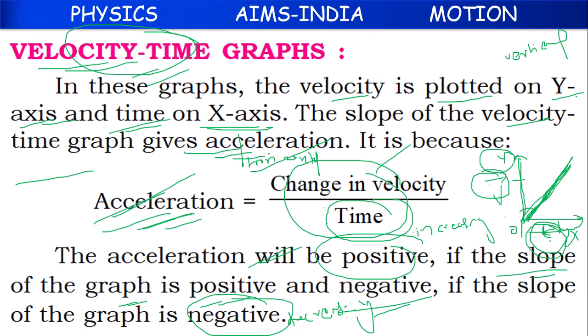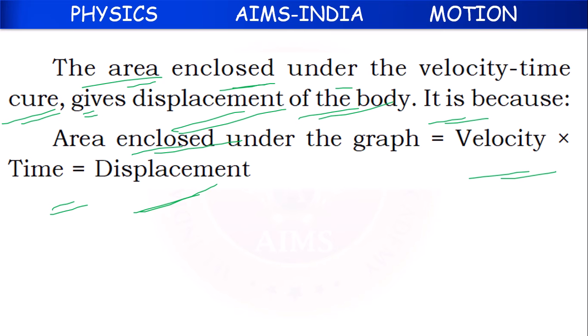The slope of the graph will give the acceleration, but the area enclosed by the graph gives the displacement of the body. So area means we have to multiply the measurement of y with the measurement of x, which indirectly means the measurement of velocity with the measurement of time interval. If you multiply like that, we will get displacement.